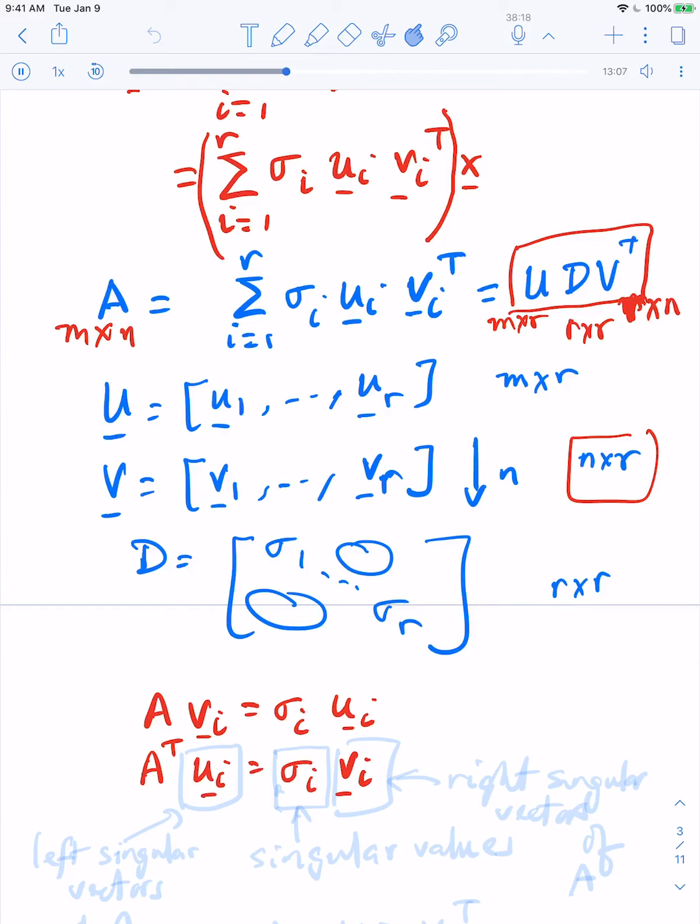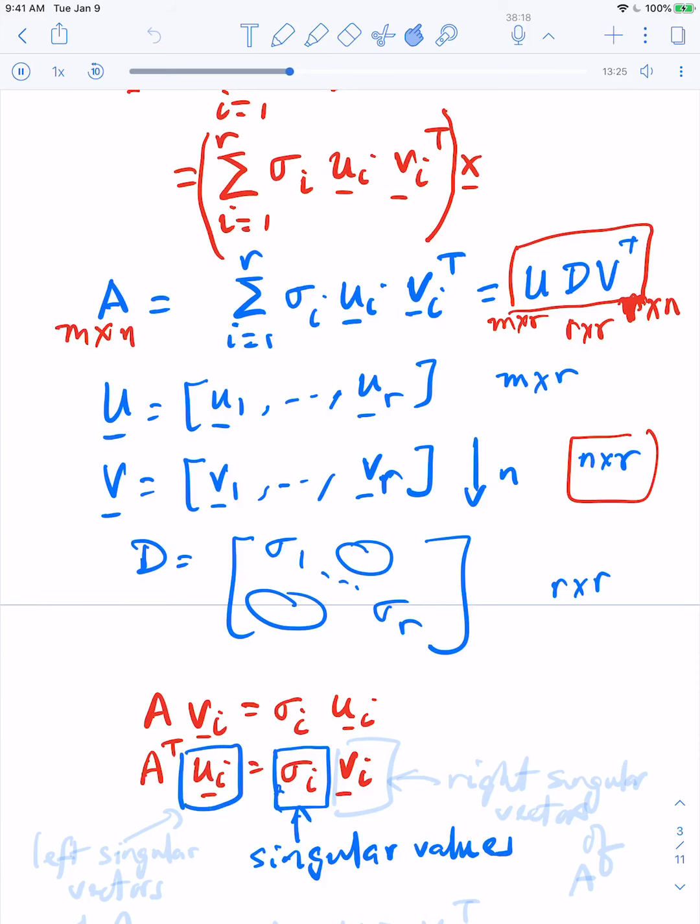We have names now for each of these quantities. These sigmas are called singular values, and the U's and V's are called singular vectors.